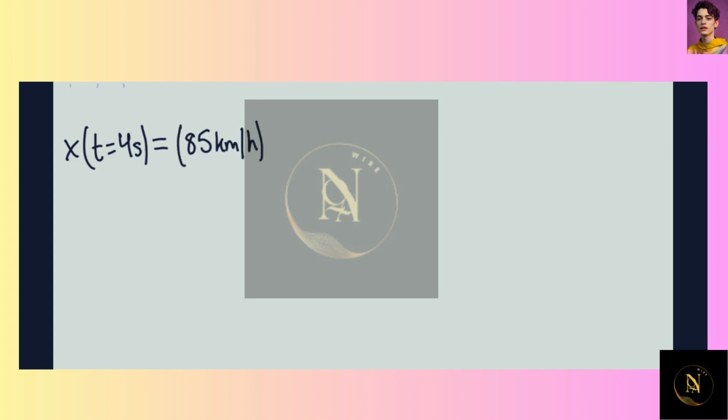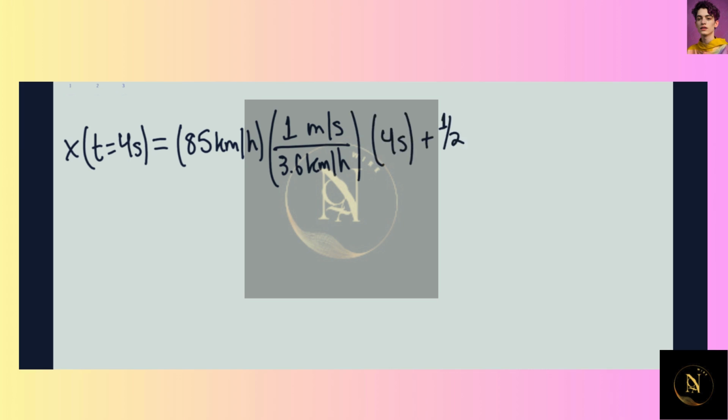We know that the initial position is 0, so we have 1 meter per second divided by 3.6 kilometers per hour, multiplied by 4 seconds, and then plus 1/2 times negative 0.50 meters per second squared, multiplied by 4 seconds quantity squared. This is going to be equal to 90.44 meters.